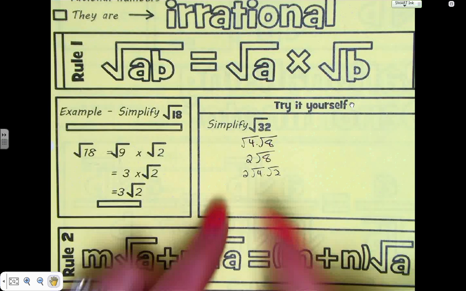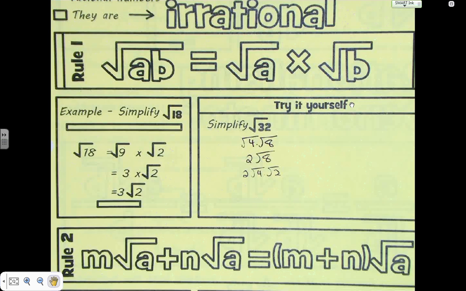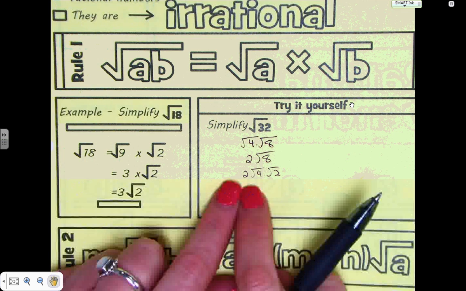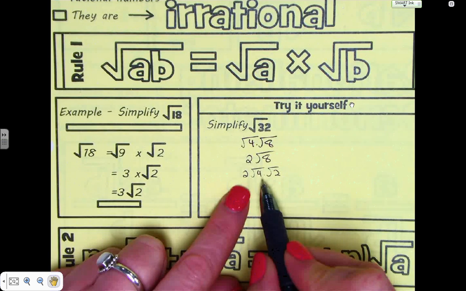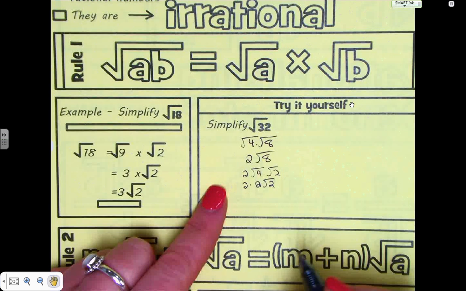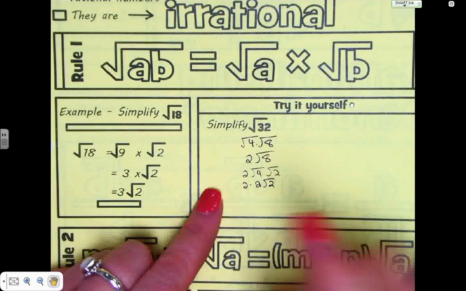It's like we're taking numbers and breaking them down into all their factors. If you took 6 and broke it into 2 and 3 and you got rid of 2, it's no longer 6, right? So you've got to hang on to all of these factors. Okay, so we keep this 2, and what's the square root of 4? 2. So now we have 2 times 2 times the square root of 2, and this 2 times 2 is 4 radical 2.